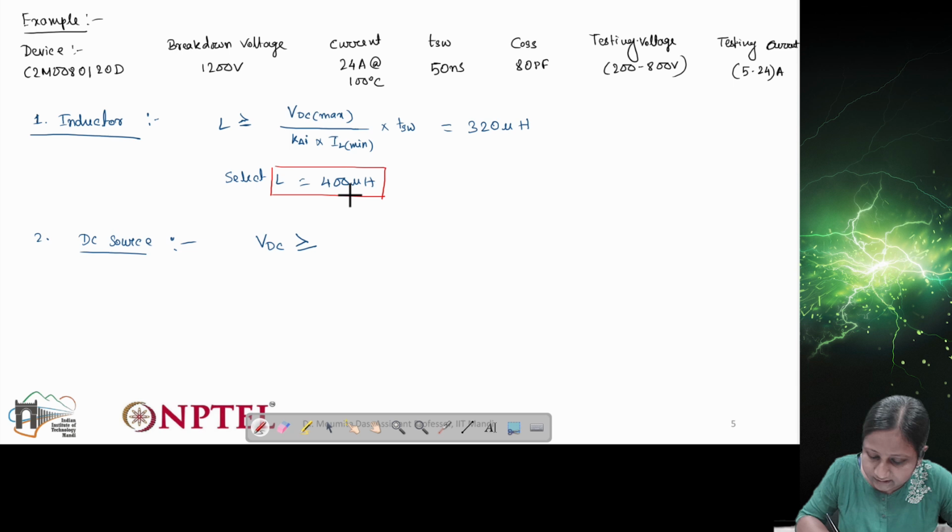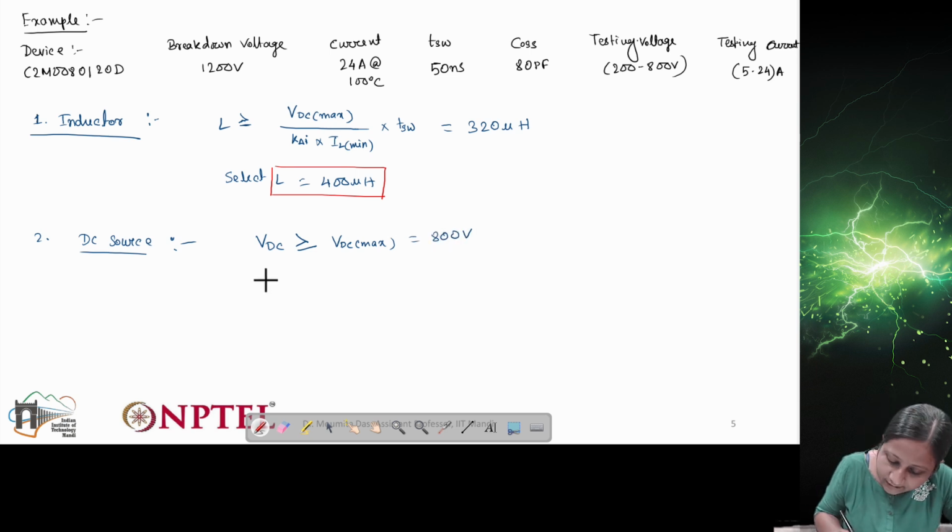How much is the maximum DC voltage given for this test? That is 800 volts. So at least we have to select 800 volts, and we should select VDC which is more than that. So select one source equal to, let's say, 1000 volts. So we got the second parameter.